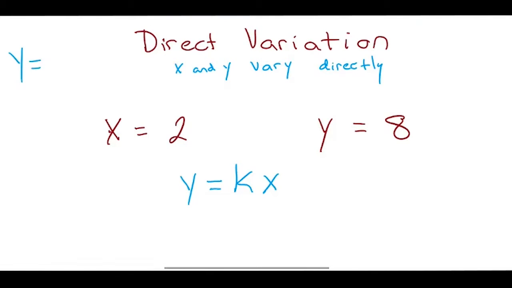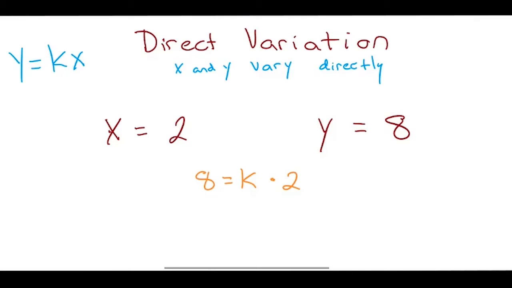y equals kx. So I'll take my y equals kx and replace the x and the y to find k. So y is 8, so 8 equals k times 2.